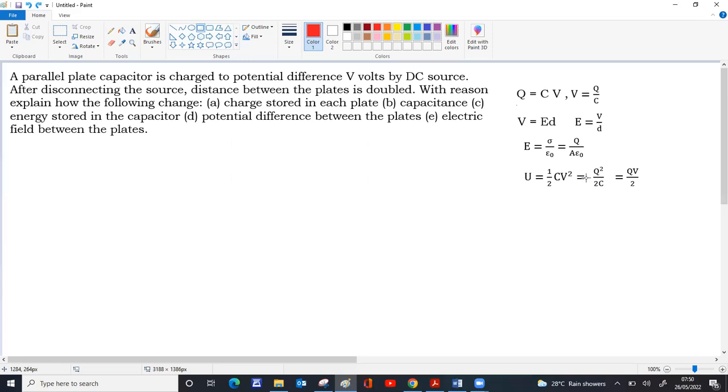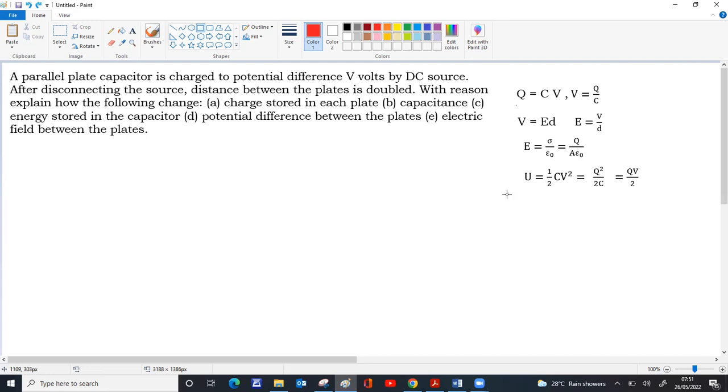If in a particular case the charge remains constant, you should select equations involving charge. Instead, if they say the potential difference remains constant, select the equations which involve potential difference. So that's the way: if multiple formulas are available for a particular question, the formula which includes the maximum number of constants should be selected for solving or explaining that question.